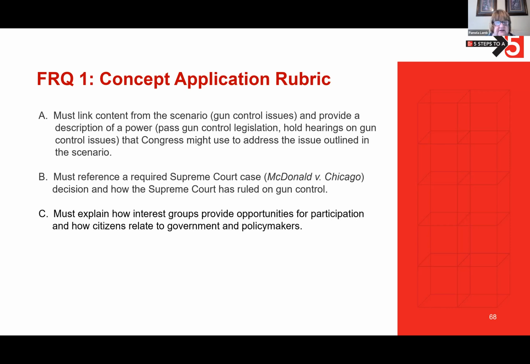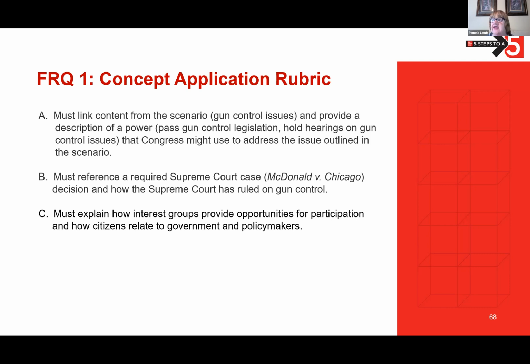You have to link something about gun control: describe a power that Congress has, pass gun control legislation, hold hearings on gun control issues. Make sure you get gun control in there somewhere. And in part B, reference the Supreme Court case McDonald versus Chicago, how they ruled on that particular case on gun control.